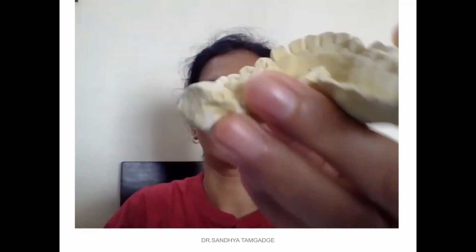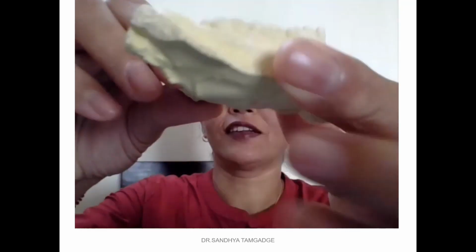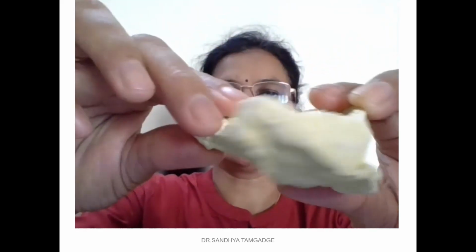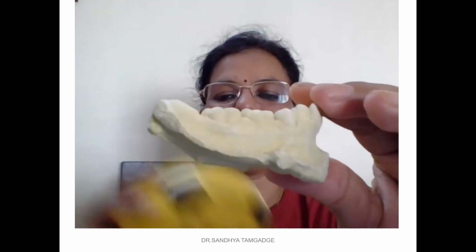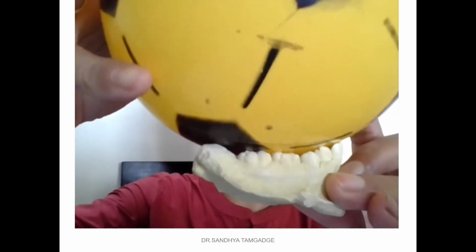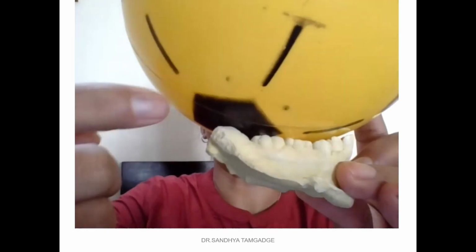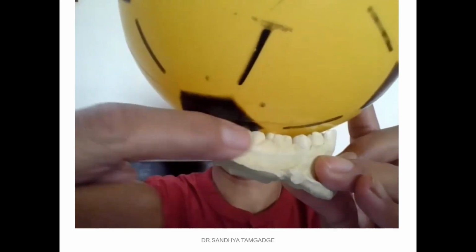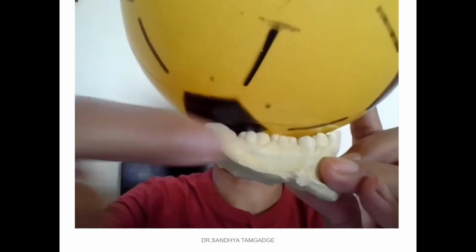So curve of Spee, if you see, this is our cast, and if you keep a sphere on it, you can see the lower teeth are arranged along the curvature. So this is curve of Spee.